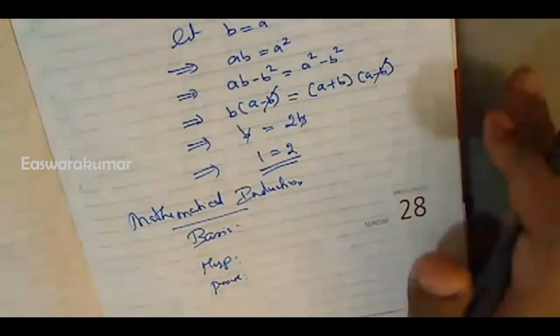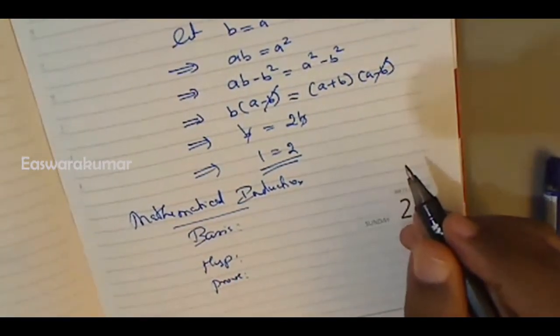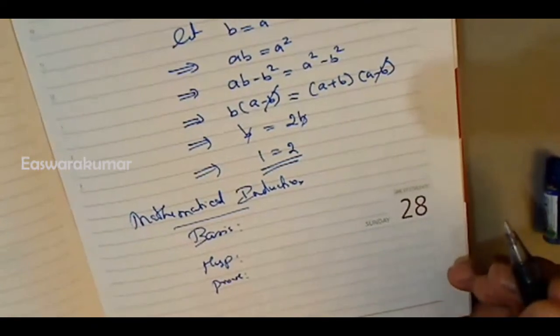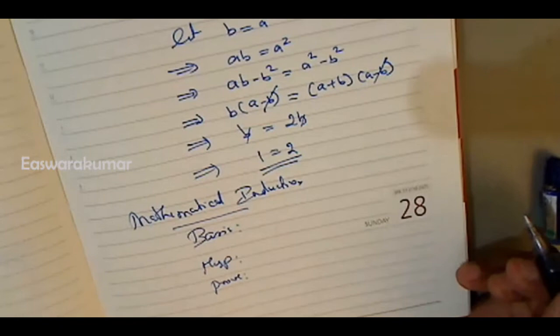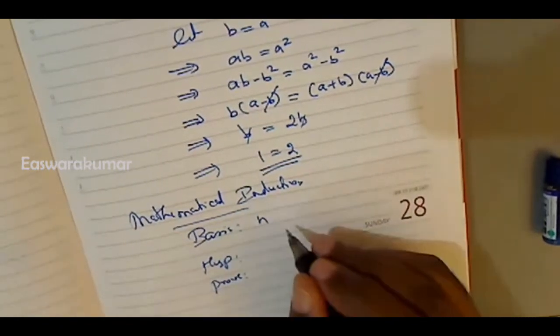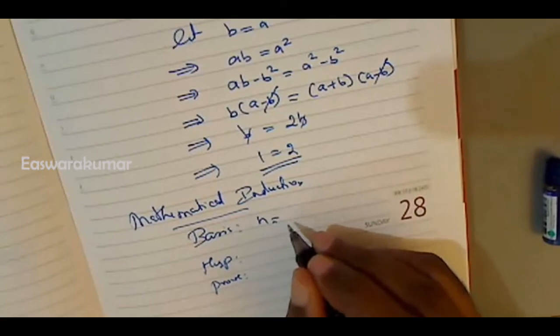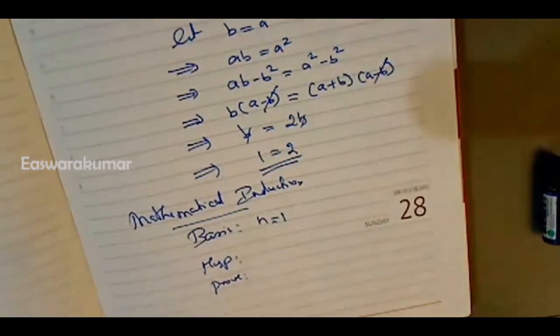So if you want to prove it, some index variable we have to consider. For example, the index variable is n. Then the basis is for a small value of n, maybe I can say that n is equal to 1. We prove it, okay?